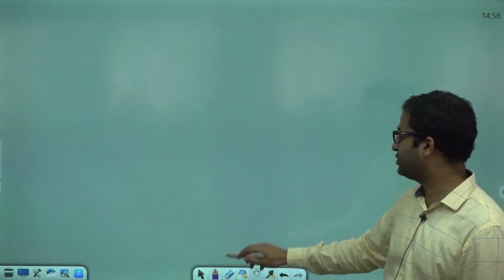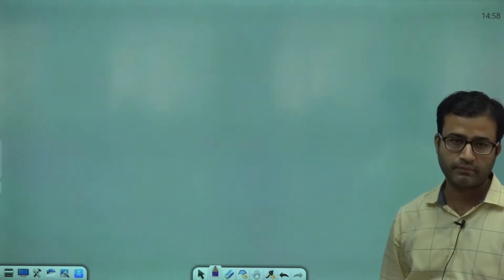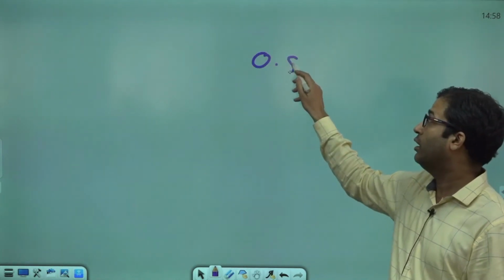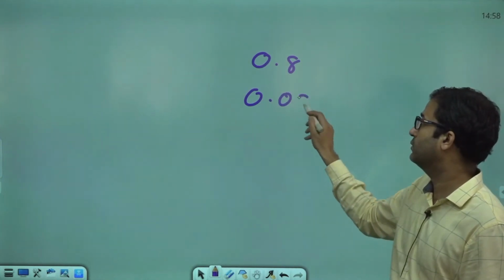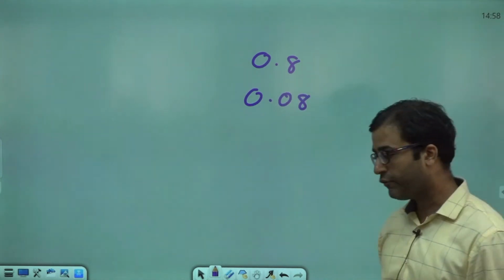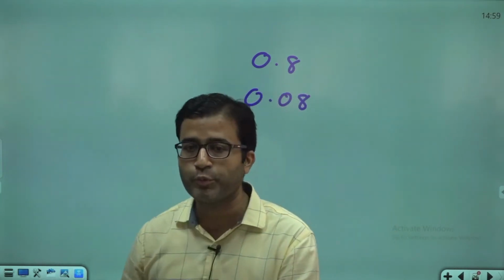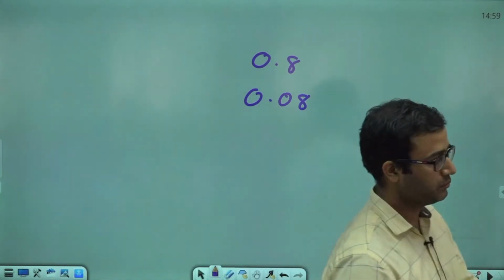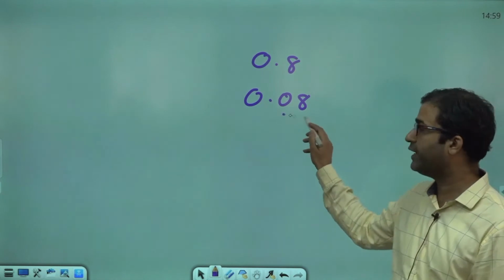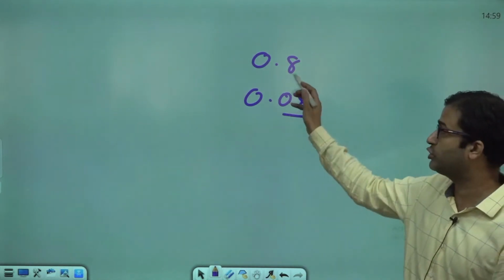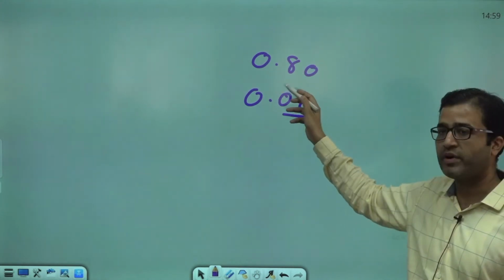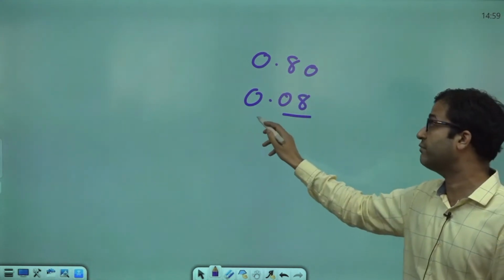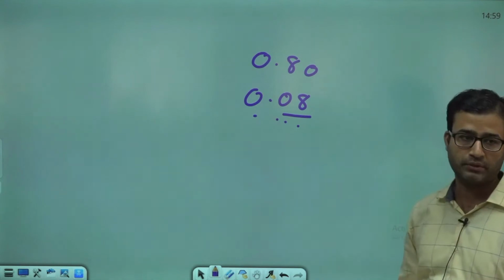If you have to say 0.8, we put 8 after the decimal, and in 0.08 it is also 8, but both are different. This one I will say 0.8, this one 0.08.